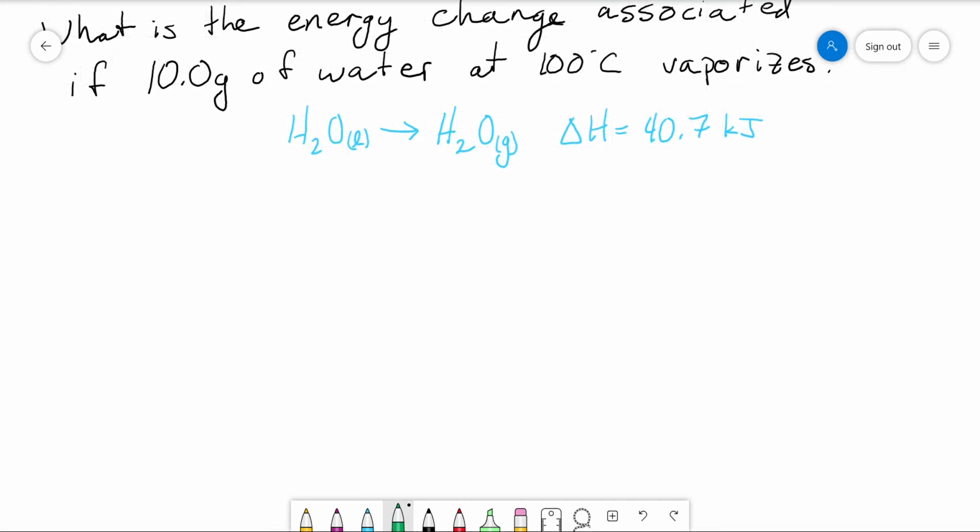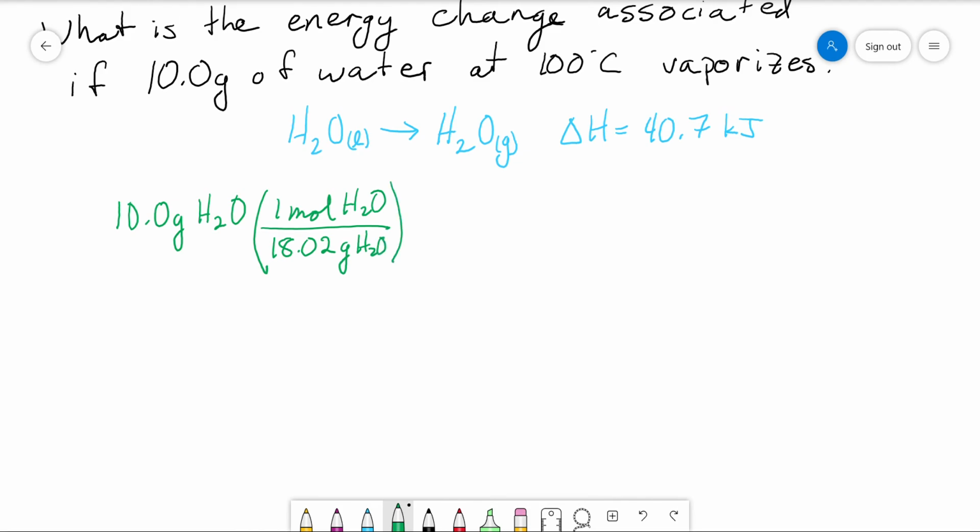Okay, so in order to do this problem, we're given 10.0 grams of H2O. We want to get that to moles, so 1 mole of H2O per 18.02 grams of H2O. And now what's our next term going to be? Well, we want to get that heat, so 40.7 kilojoules.